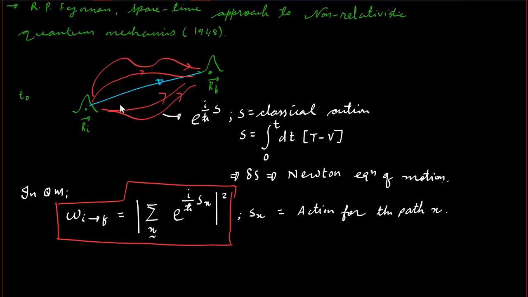But quantum mechanics says that all paths are possible, and each path has some probability associated with it, and this can be written as exponential of i by h cross into S. S here is the classical action. So the total probability of moving the quantum particle from the initial to the final position is the sum over the probabilities of all possible paths.